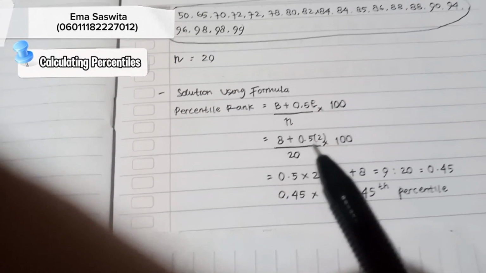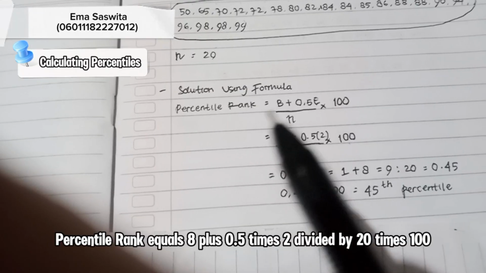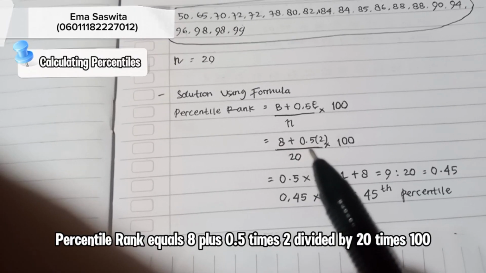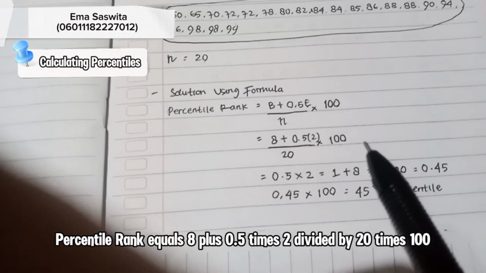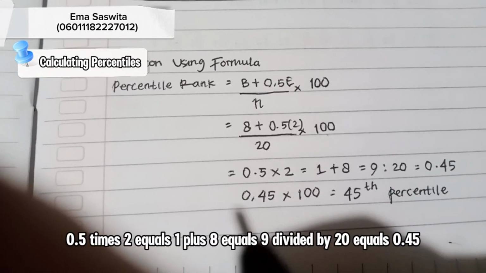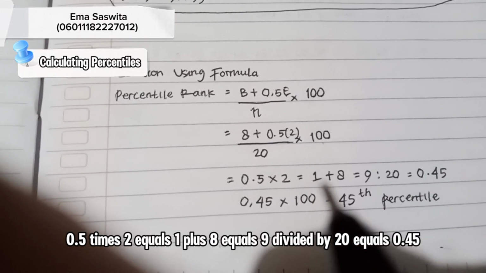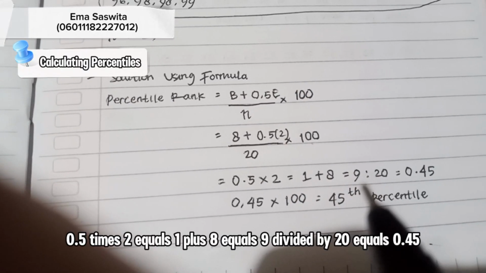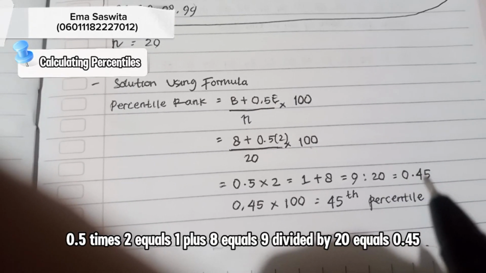Third, enter it into the formula. Percentile rank equals (8 plus 0.5 times 2) divided by 20 times 100. So now calculate step by step. 0.5 times 2 equals 1, plus 8 equals 9, divided by 20 equals 0.45.